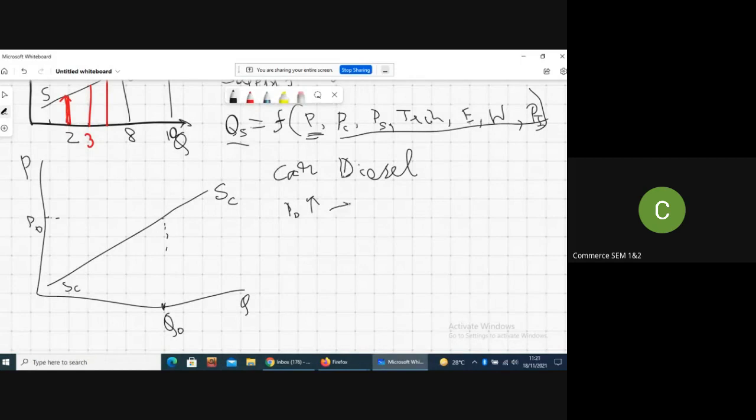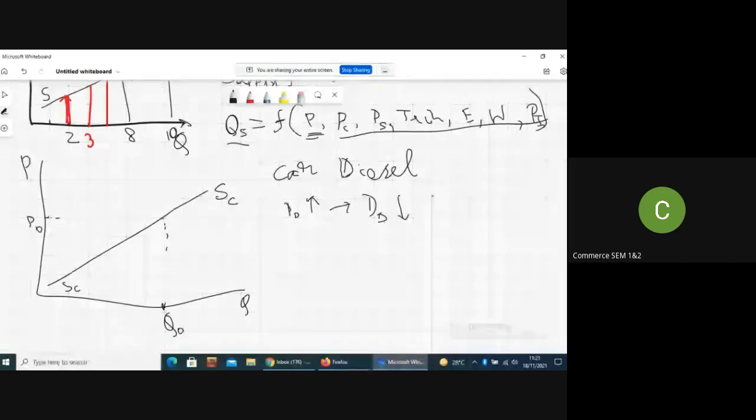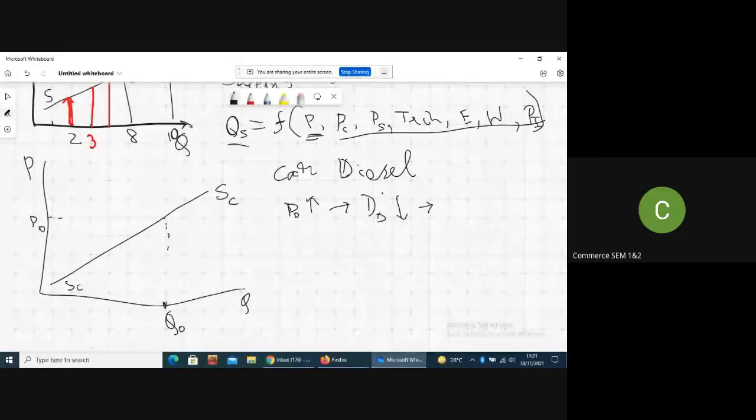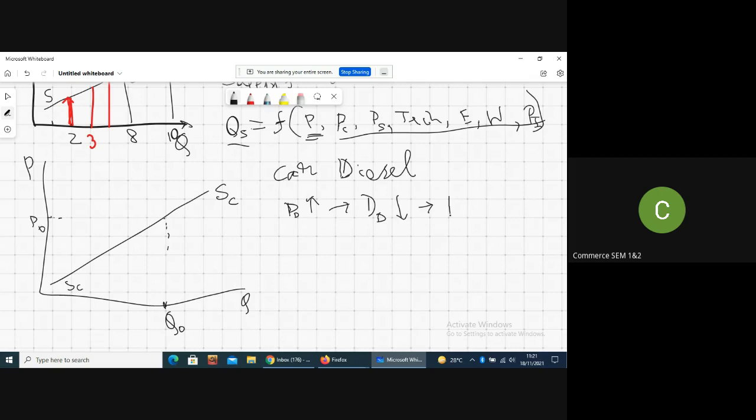Then what will happen? Demand for diesel will fall. Yes or no? Yes, sir. Now diesel will be used only for cars. So when the demand for diesel is decreasing, then the demand for cars will also decrease.